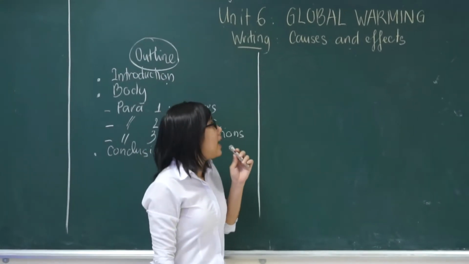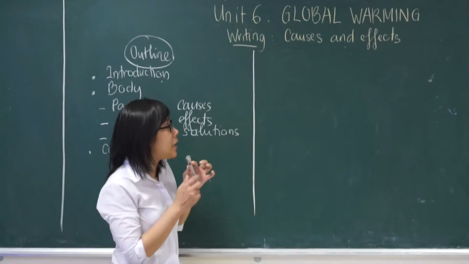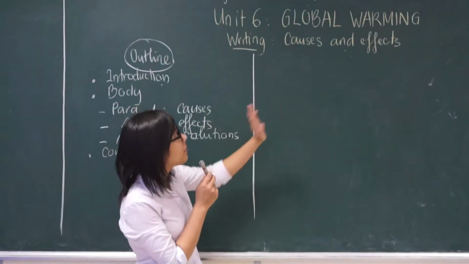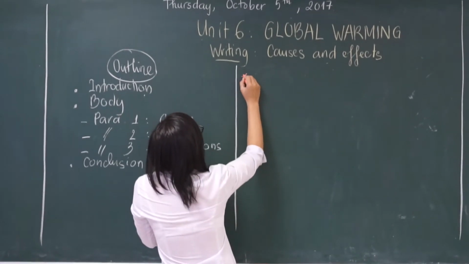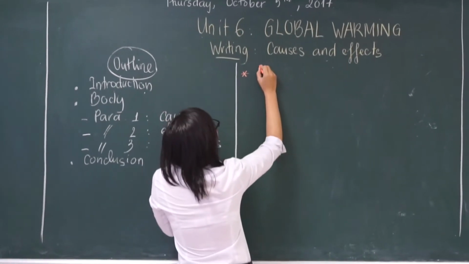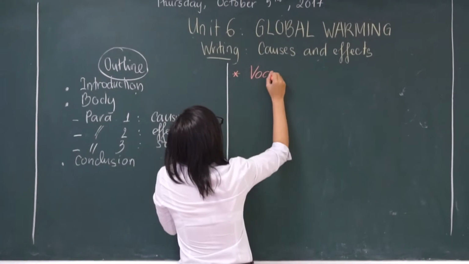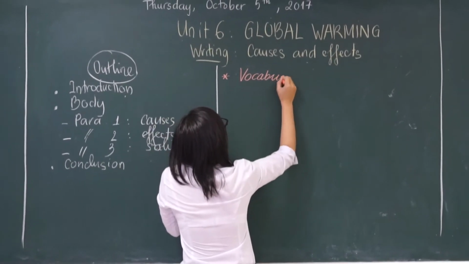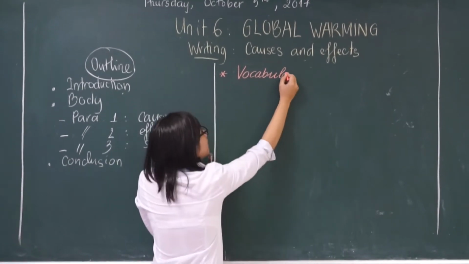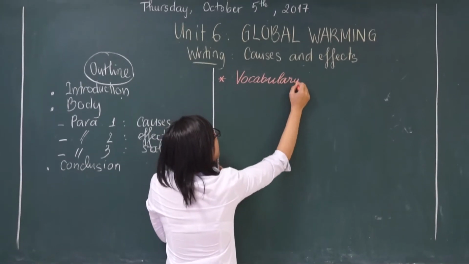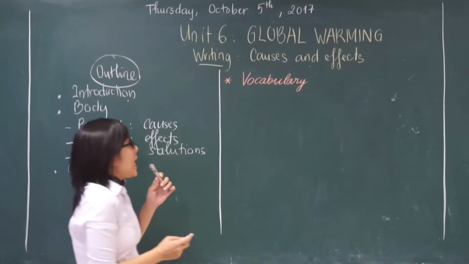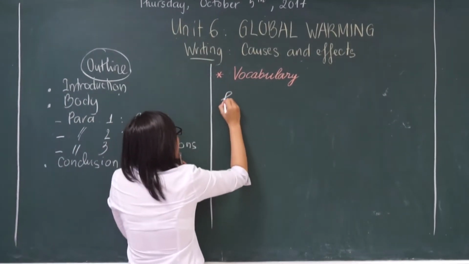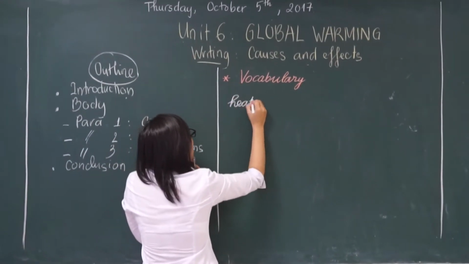Okay, class, here are some useful vocabulary you may use in your writing to talk about global warming. Take out your book and take some notes. Okay, the first word is heat-related illness.